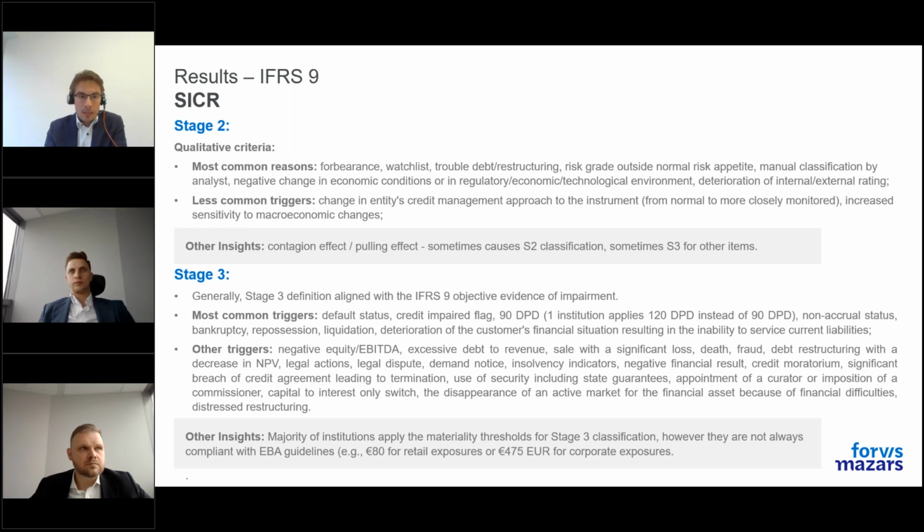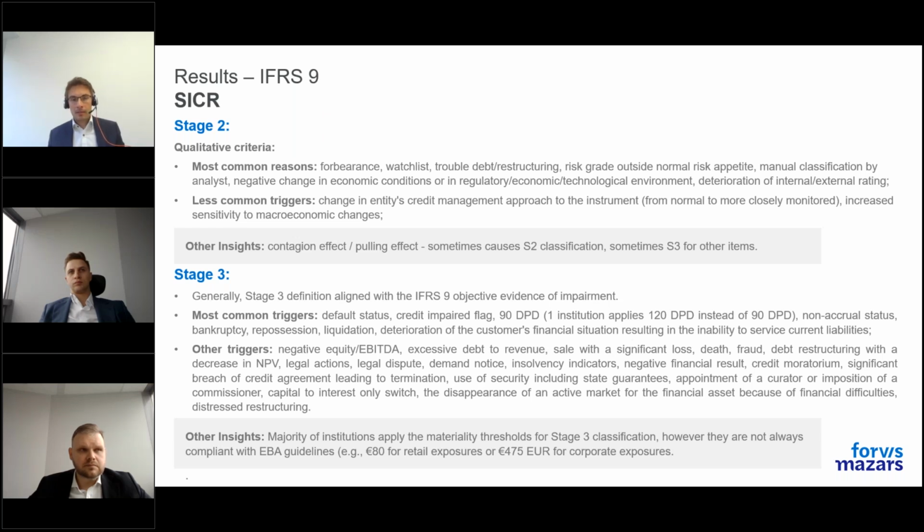One of the insights from the analysis is that contagion effect, called sometimes pooling effect, sometimes causes classification to stage 2, sometimes to stage 3 for other exposures of a debtor who is already reclassified to stage 3.